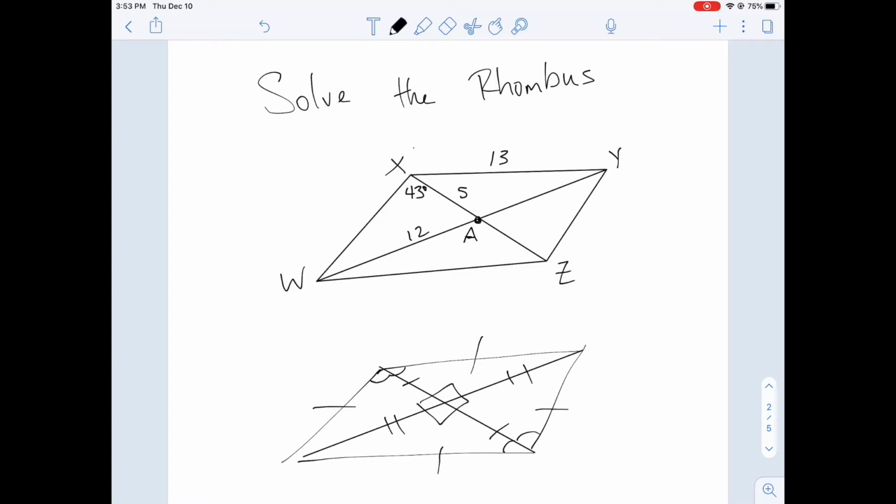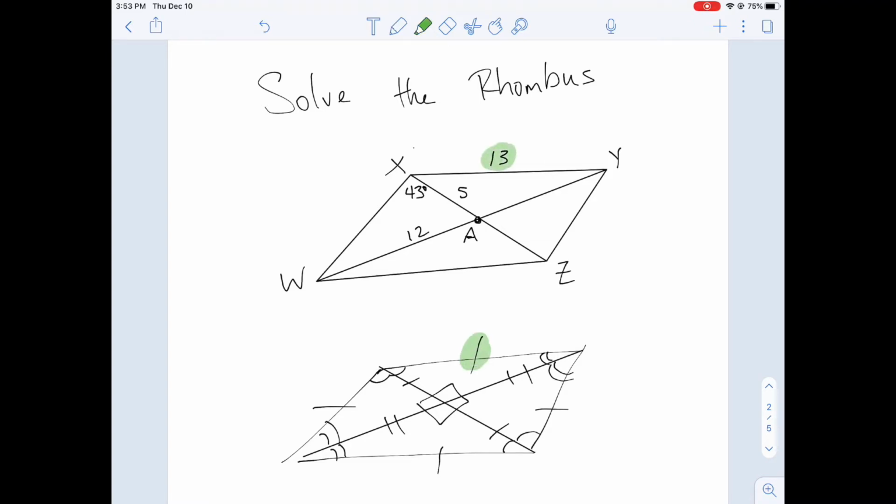And then this angle and this angle are equal to this angle and this angle. These two are equal, and they're equal to these two over here. So let's solve this dang thing. What I mean by that is let's fill out every single angle and every single side.